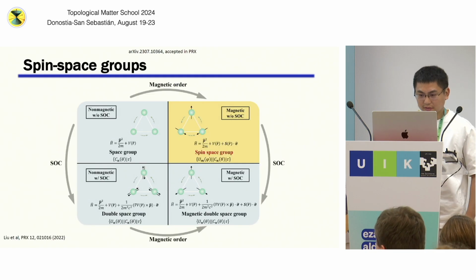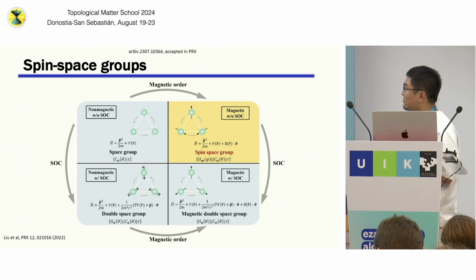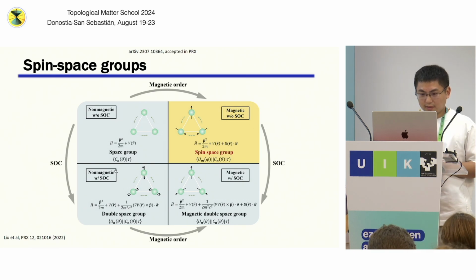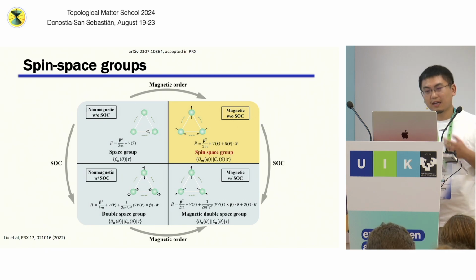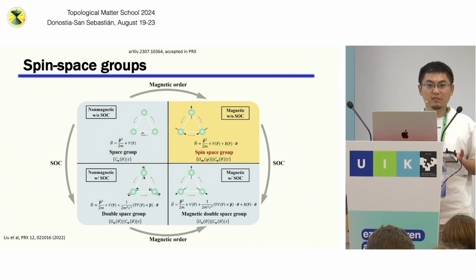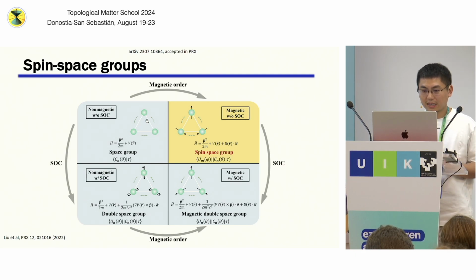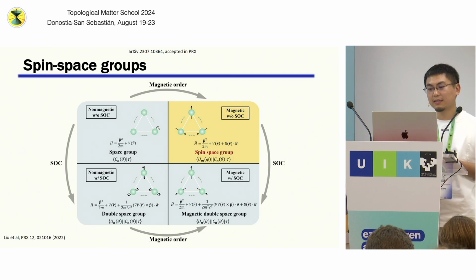So let me first give the definition of a spin space group. We start with a non-magnetic material that is described by a simple space group. For this molecule, we have the C3 rotation symmetry, right?